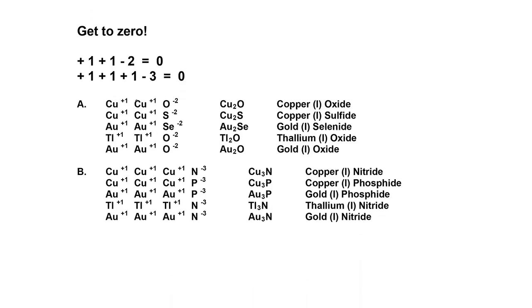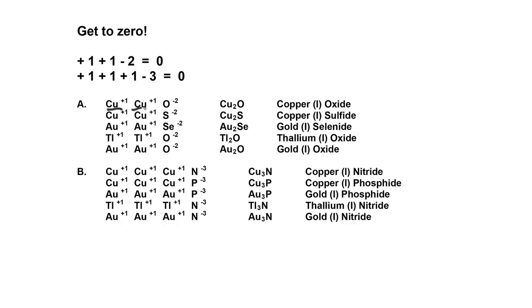So what we're going to do is work with copper, specifically copper 1. Because we're working with our math equation of plus 1 minus 2 equals 0, we need two of these copper 1s, and we're going to mix it with one of the oxides.